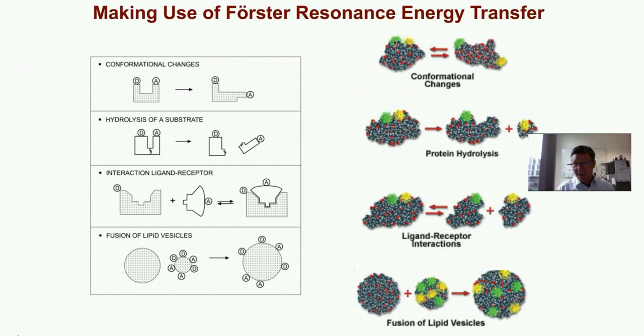Here you see that the green and the yellow dot are close by, so they give efficient Förster resonance energy transfer. There's a conformational change of the protein, and then the distance becomes much larger. So the FRET efficiency drops, and you can measure that for a protein.